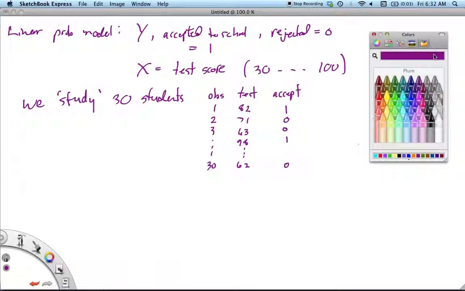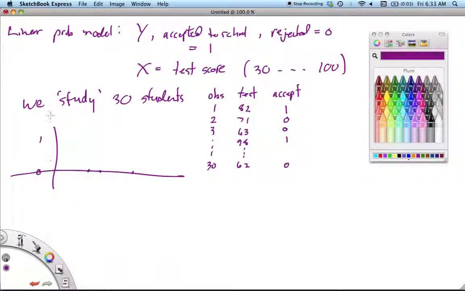Now, how could we, well, it's actually pretty intuitive. If we plot these points, we might get something like this. This is 0, this is 1.